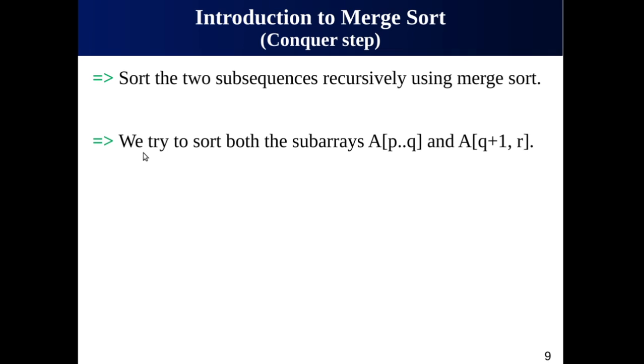What does it mean? It means that we need to sort both the sub-arrays that we saw on the previous slide, represented by A[P..Q] and the second sub-array A[Q+1..R]. So we need to solve this problem in the conquer step.